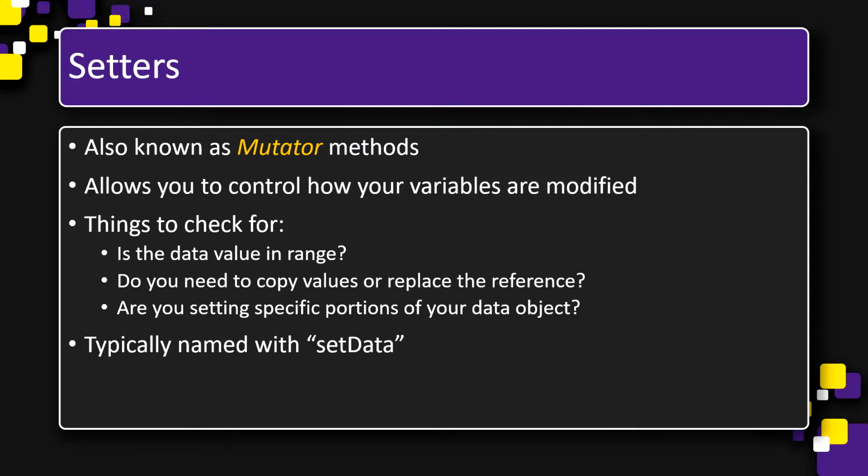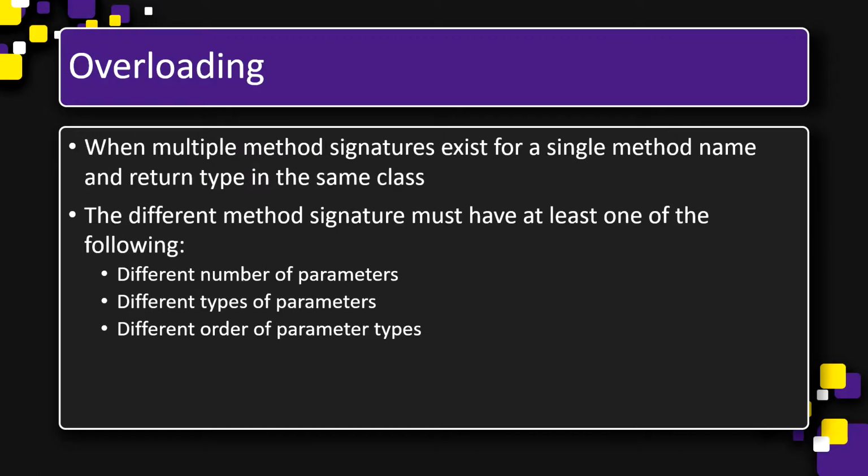So you could set it so that you only change a portion of that object. Now, this is typically named with a setData approach. So you'll have a set and then the name of the data that you're either changing or accessing with this method. The other thing that's important here is that you can overload your methods.